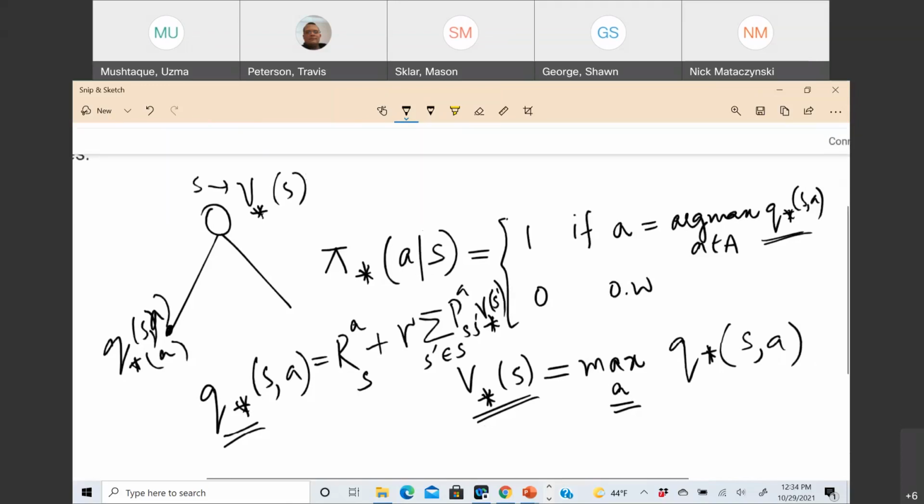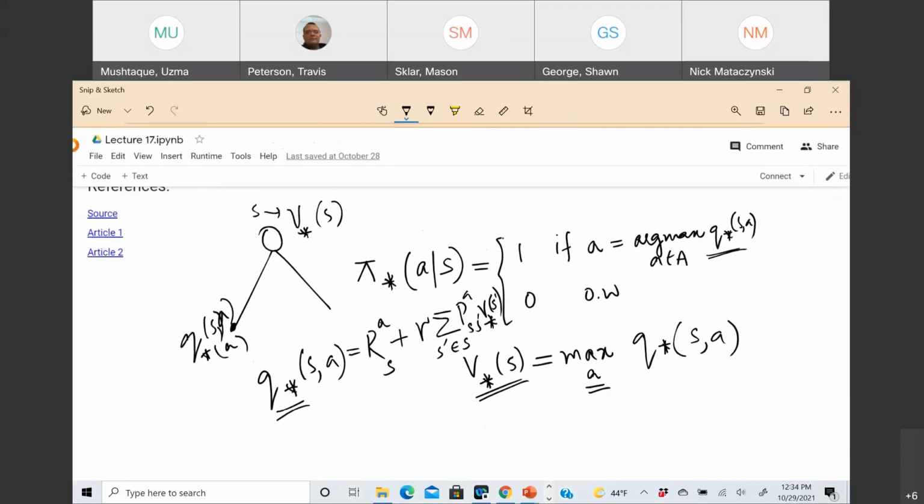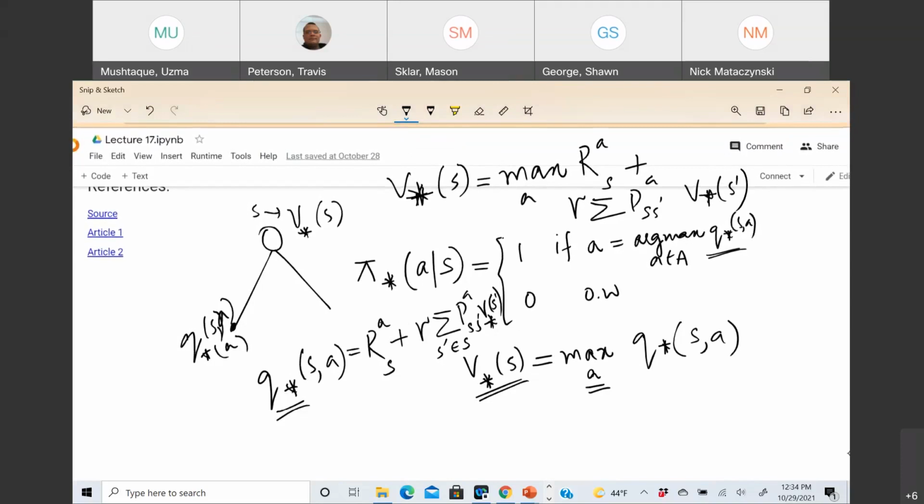So again, I will rewrite the equation for my V star S as being the max of R S A plus gamma times the summation of, and I'm not repeating the summation because we know that, transition probability V star S prime, right?